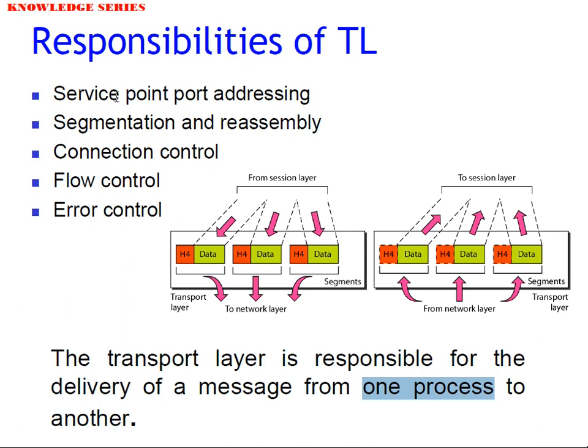Here you can see the responsibilities: service point port addressing, segmentation and reassembling, congestion control, flow control and error control. Service point addressing basically means the address of a process in terms of a port address. So here you can see the word port.